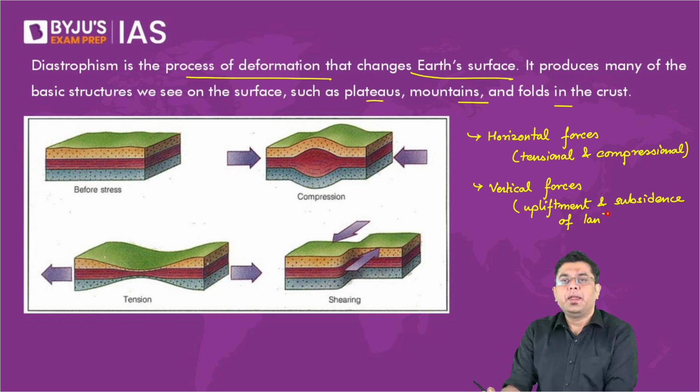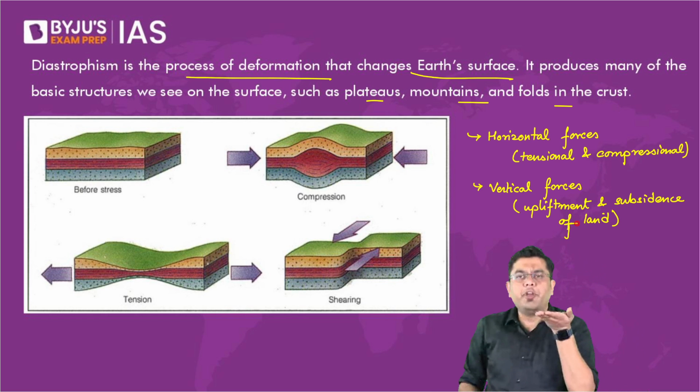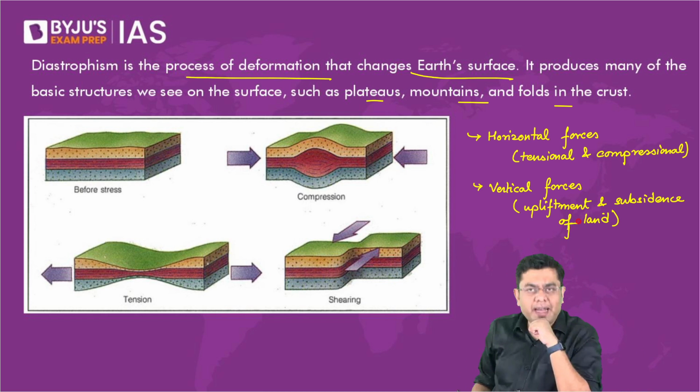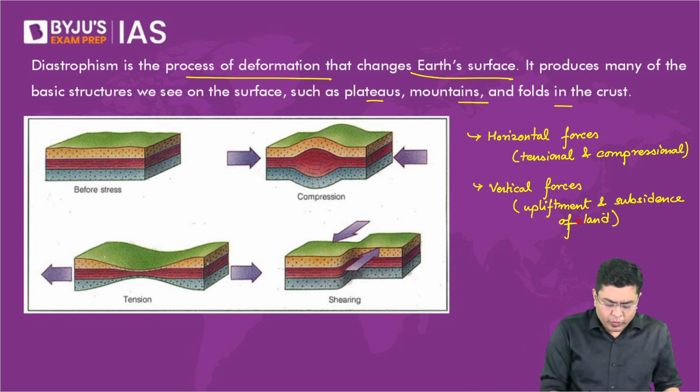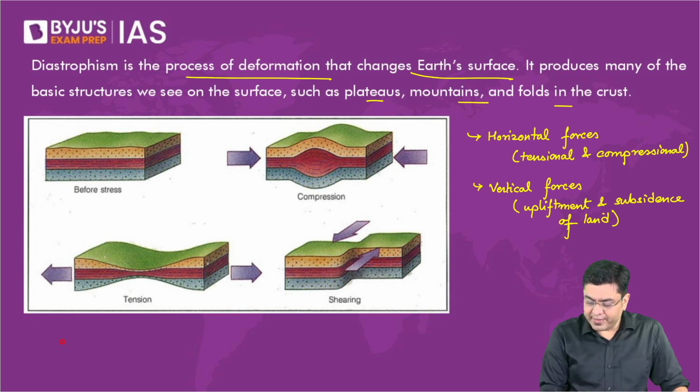Okay. When we say an upliftment of land or subsidence of land, what do we mean by that? In order to help you visualize, let us think about a scenario where, let's suppose, the landmass is somewhat like this.